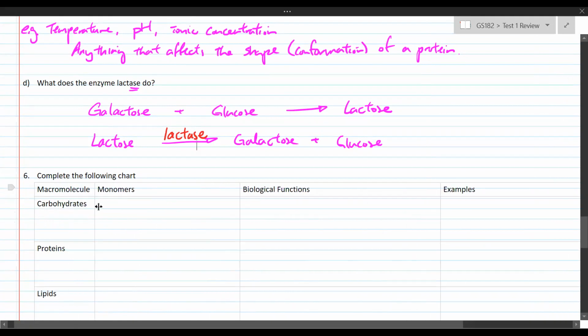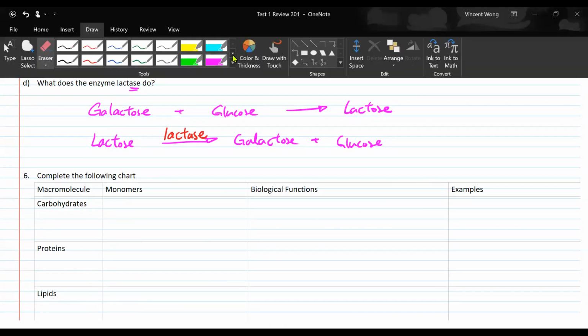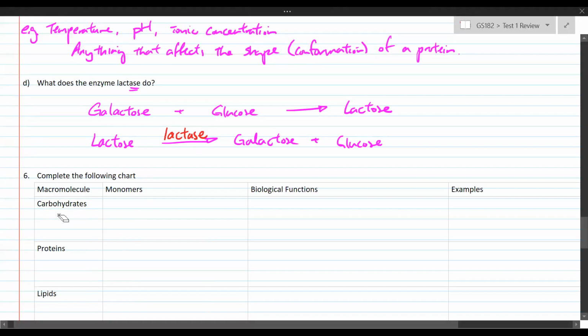Next, we have a chart for each of the macromolecules that we've learned. Let's go through it together, starting with carbohydrates. The monomers of carbohydrates, well, we have a bunch, right?